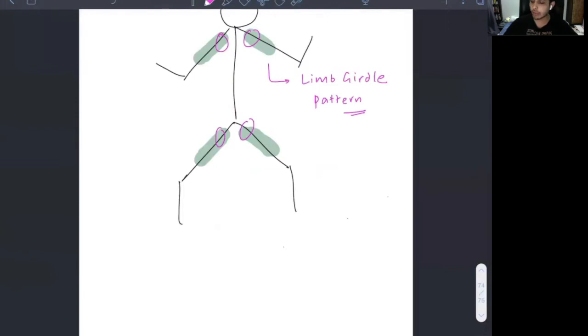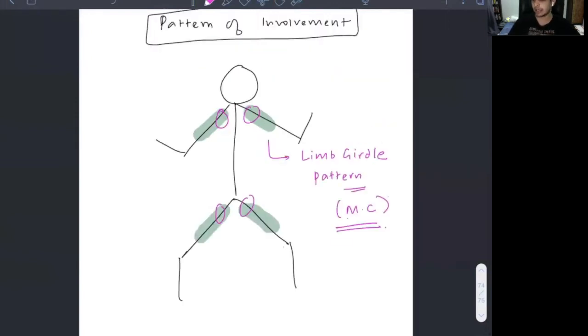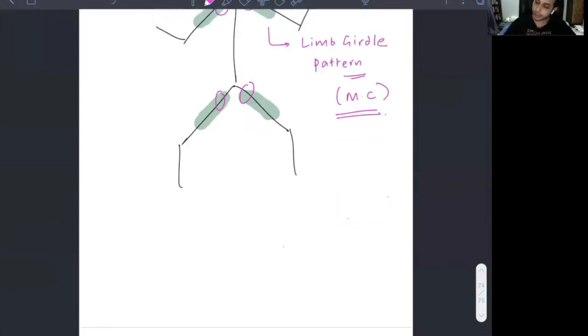And this is actually the most common type. Most of your myopathies present with a limb girdle pattern of involvement. And when I say most of your myopathies, I mean both acquired and hereditary. We'll discuss this in a little more detail later when we discuss the etiology.